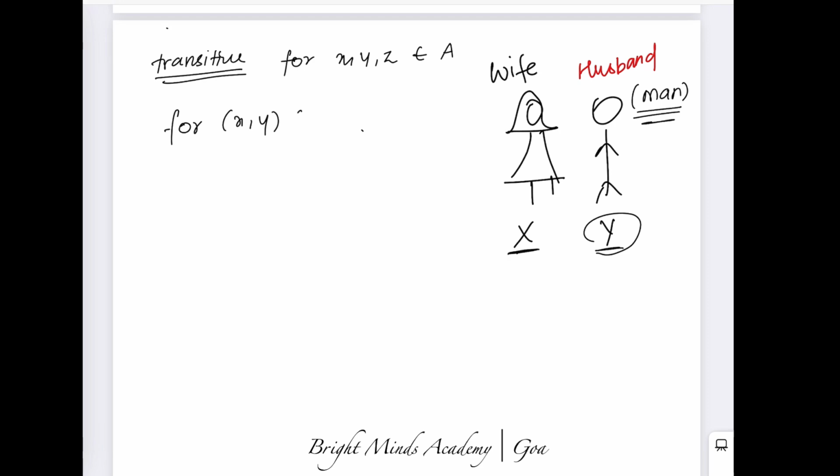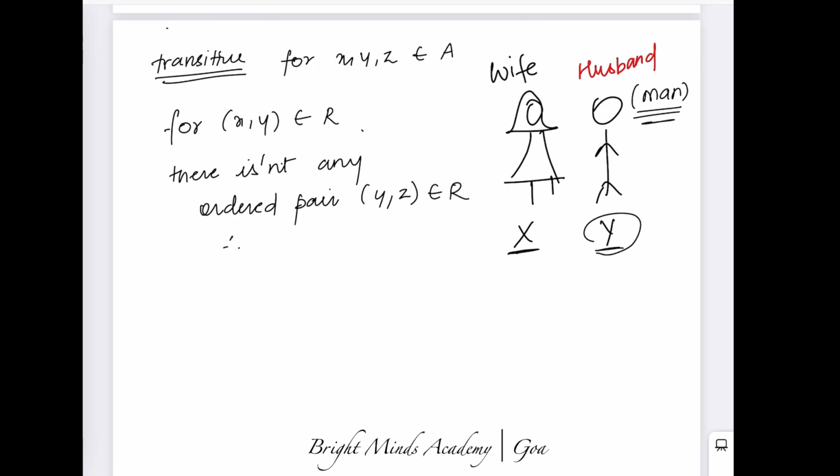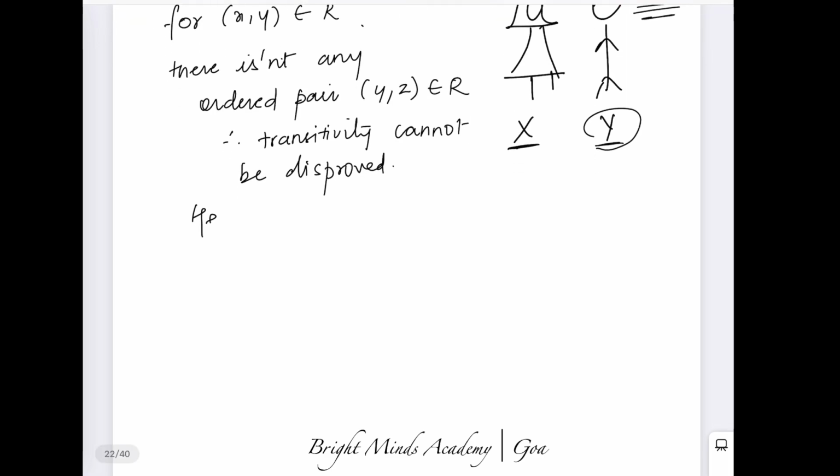Okay, so we'll say that for X comma Y belonging to the relation R, there isn't any ordered pair Y comma Z belonging to this relation R, therefore transitivity cannot be disproved, hence R is transitive.